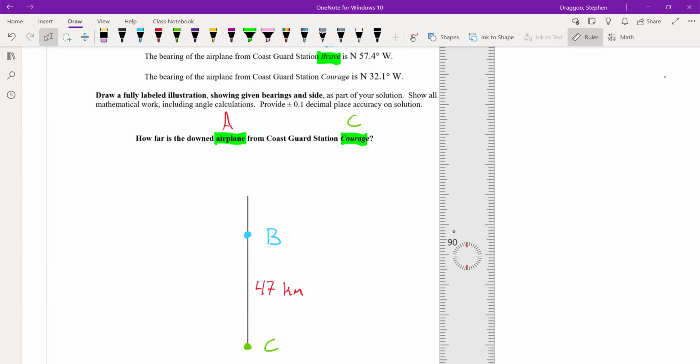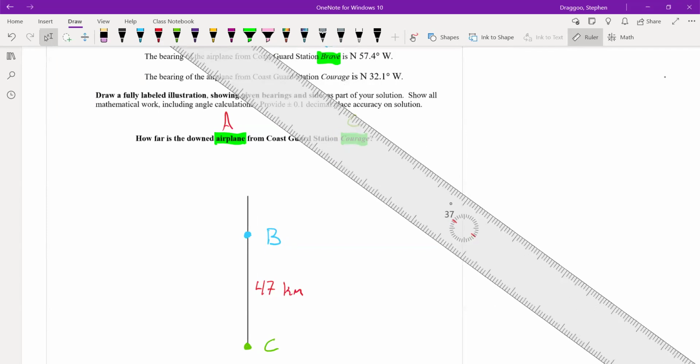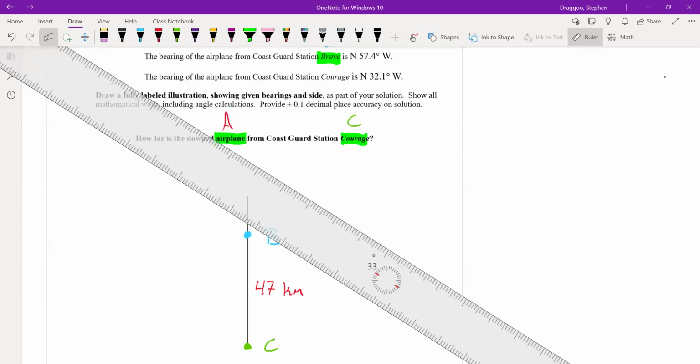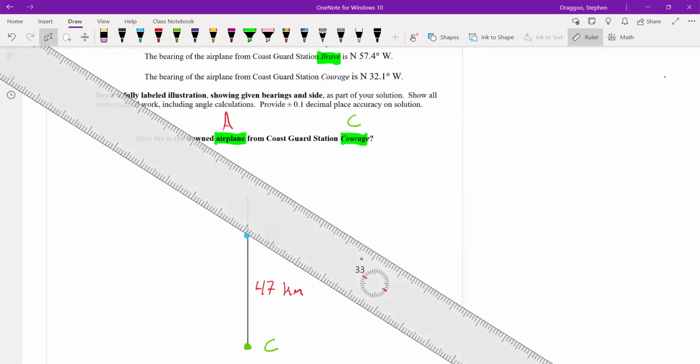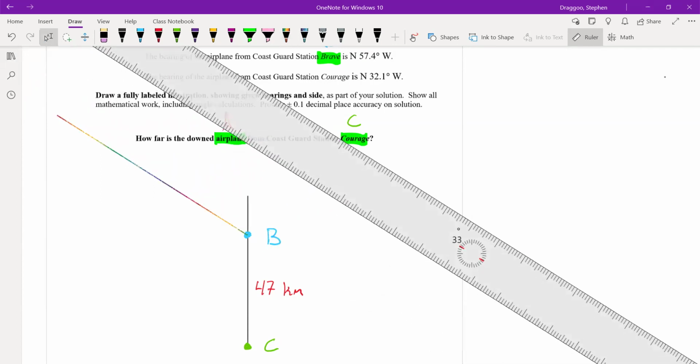Starting from 90, though, that means that this ruler angle should be about 33 degrees. So put a 33-degree angle on it and measure this line. The airplane is somewhere along that line being measured from point B, my northernmost Coast Guard station.